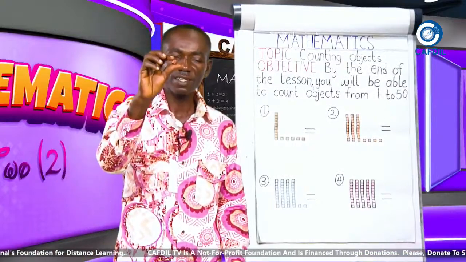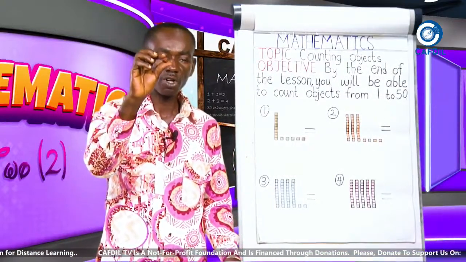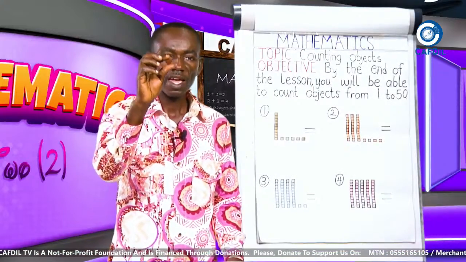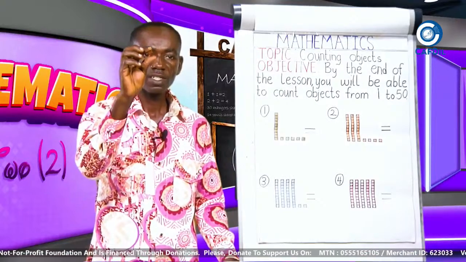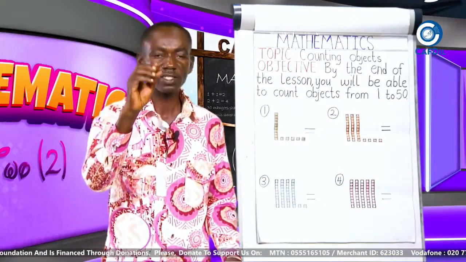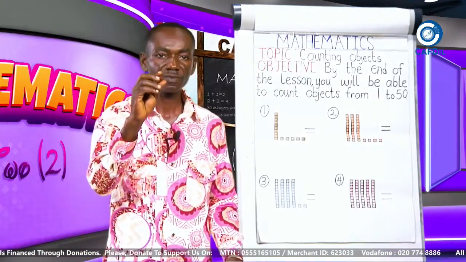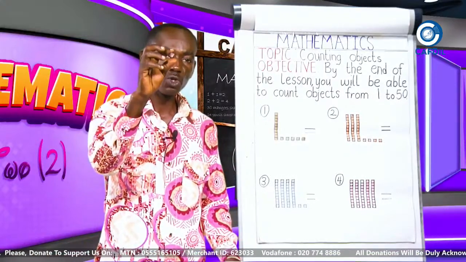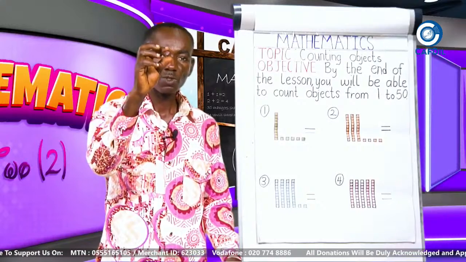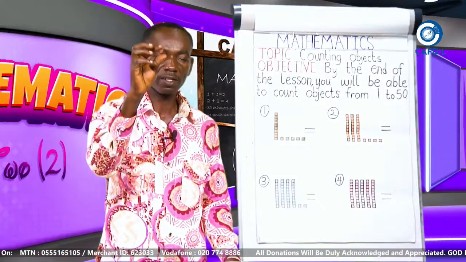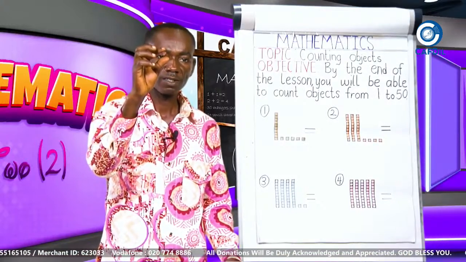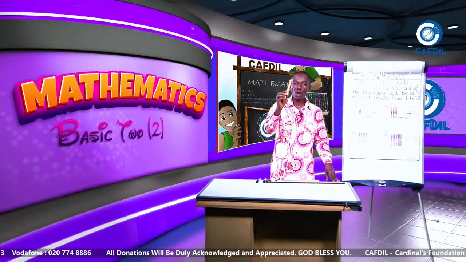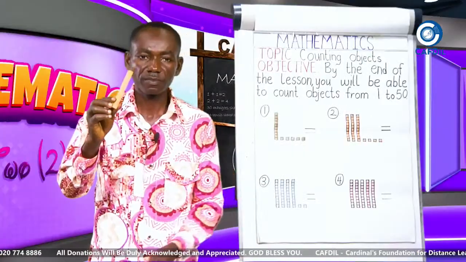This is called a cube, and it shows just one unit. So we are going to use this to show just one. I also have this.